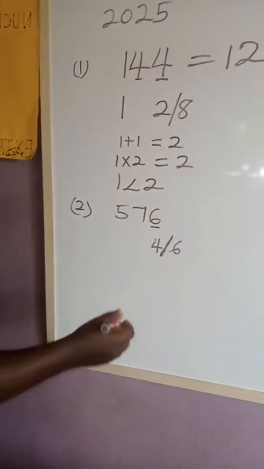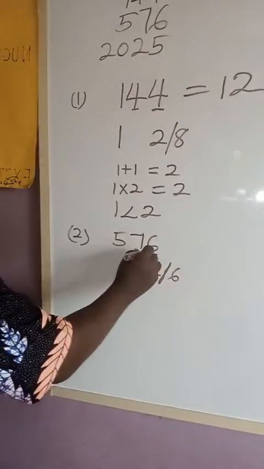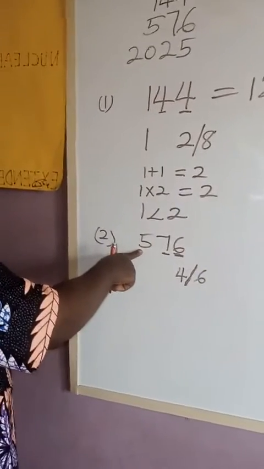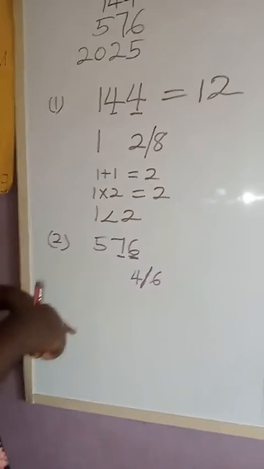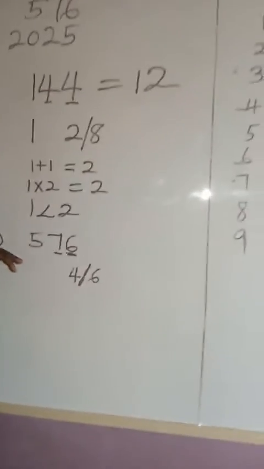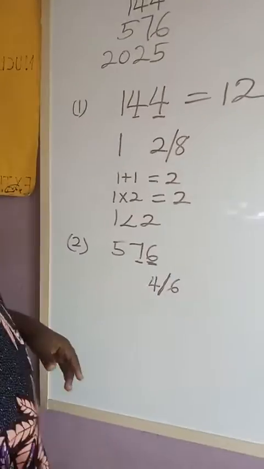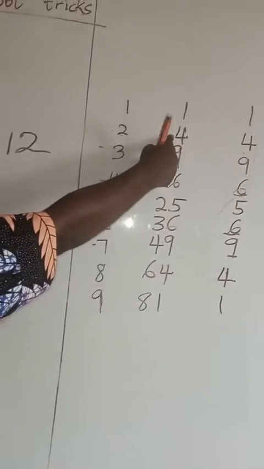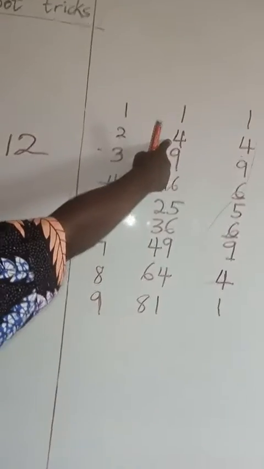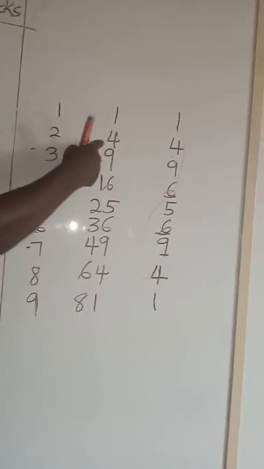Then the next step, we want to skip these two numbers and turn our attention to 5. Again, we want to ask, what is the square that is either less than 5 or exactly 5? Now let's look at these squares here. The one that is close to 5 is 4. Now what is the number that is in front of this one?